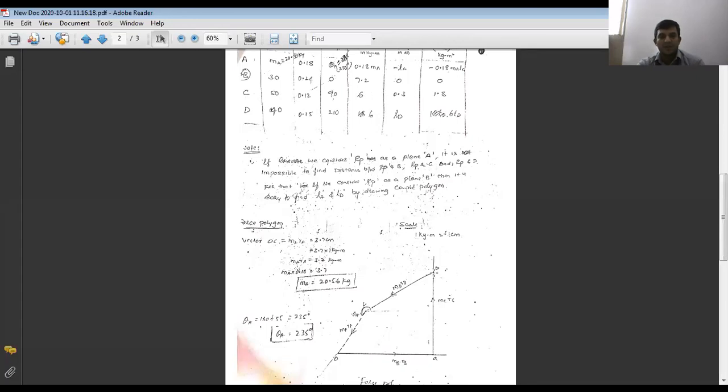Then you get point B. The length of the line AB shows MCrC, which is 6 kg meter, equal to 6 centimeter. Now the arrow mark is moving from A to B upward. Once you get point B, next is MD.